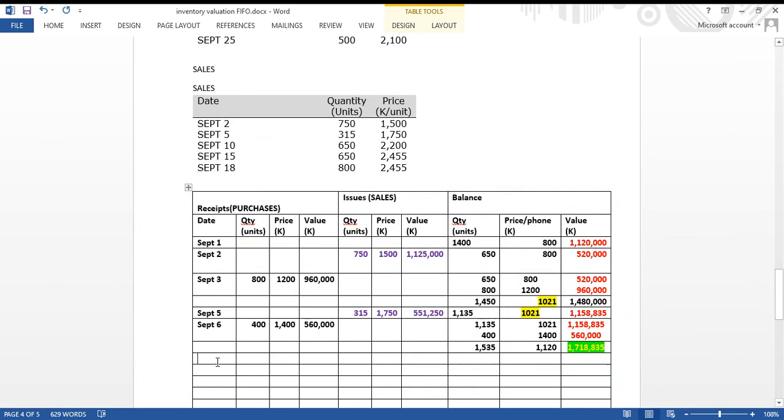Okay, we go to our next transaction. The next one is September 10th, where we sell 650 units at 2,200. We get 1,430,000.